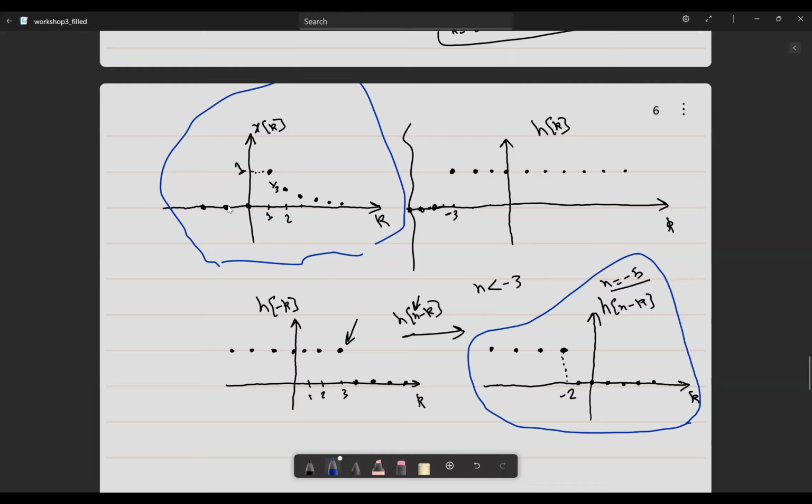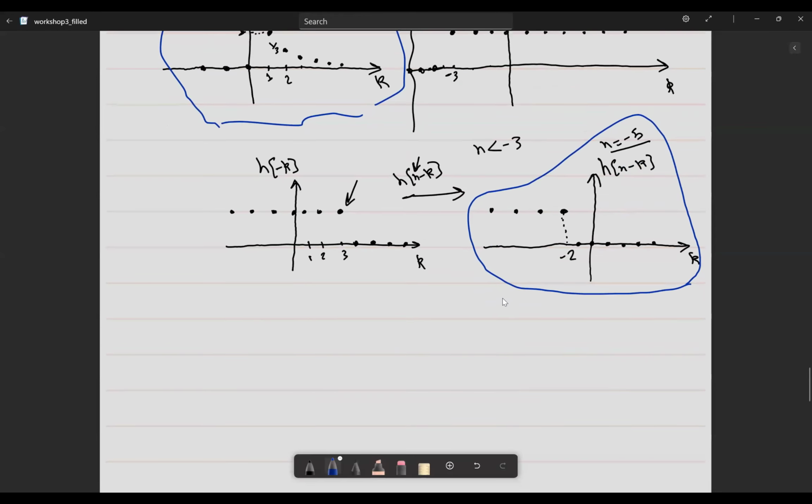And the same on the other side: x[k] is 0, h[n minus k] is non-zero, but if we multiply them, the result will be 0. So from this, we can say directly y[-5] is 0. Like we found the value of y at only this point, right?